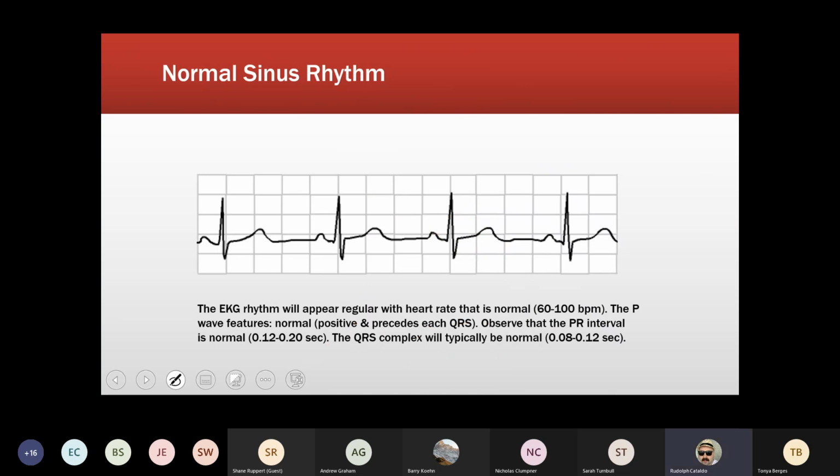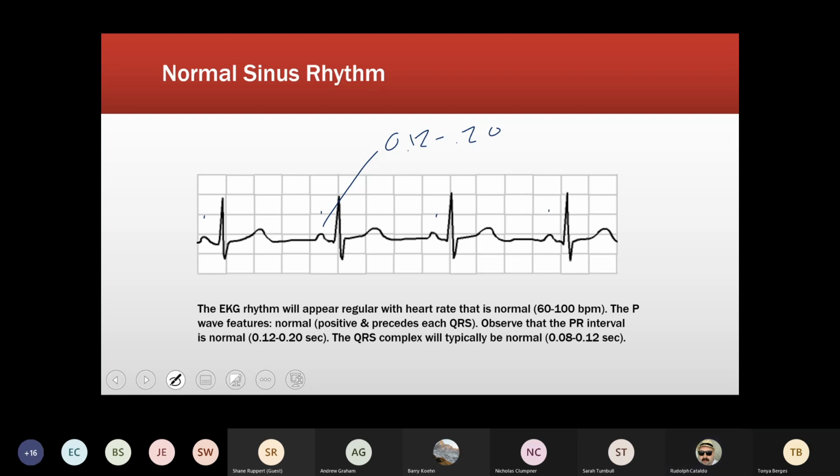So, knowing what we do, normal sinus rhythm has a P wave that is within its 0.12 to 0.20 for a duration. I've got a P wave for every complex here. Mr. Robinson, does this look like a regular rhythm or irregular?